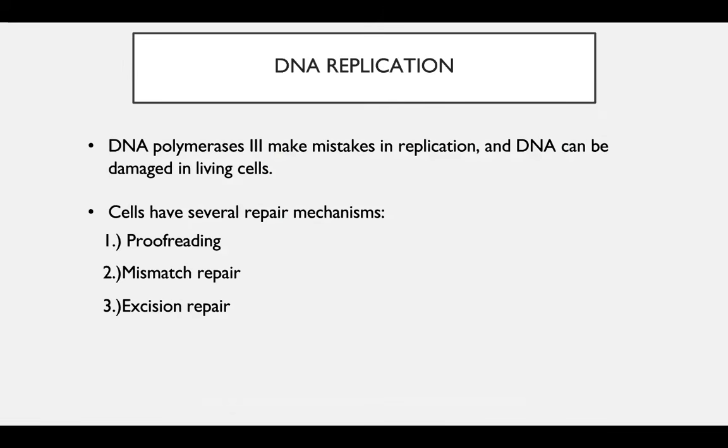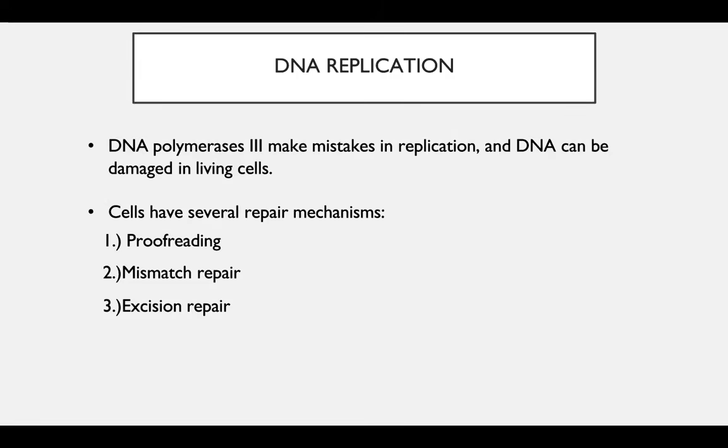So DNA polymerase 3 makes lots of mistakes in replication, and DNA can be damaged in living cells. So cells have several repair mechanisms: proofreading, mismatch, and excision. Proofreading is when, if bases are paired incorrectly, the nucleotide is removed and DNA polymerase adds the correct ones. For mismatch repair, whenever a mismatched base is detected, it's recognized so that it can be excised and gotten rid of.